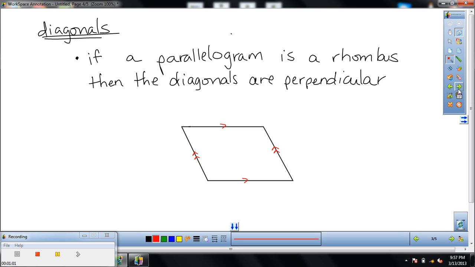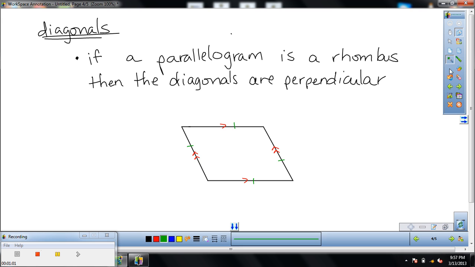The last property is a property of diagonals. If a parallelogram is a rhombus, then the diagonals are perpendicular. So again, a rhombus means that all four sides are congruent.